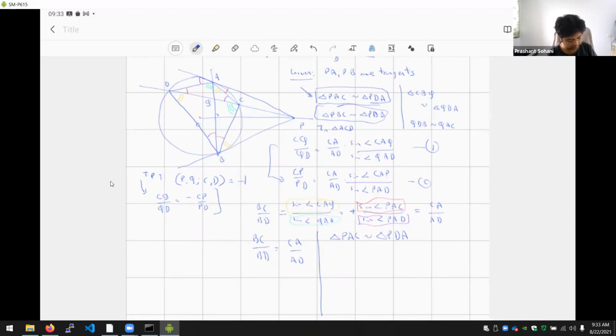So the first part, if I write it out, it is PA upon PD equal to AC upon DA equal to AC upon PA. And the second one, PB upon PD equals BC upon PB equal to BC upon.